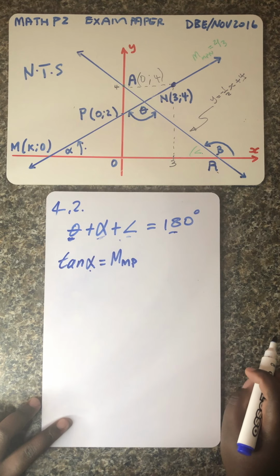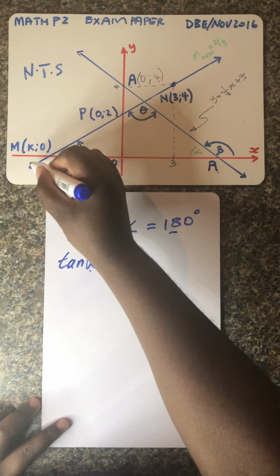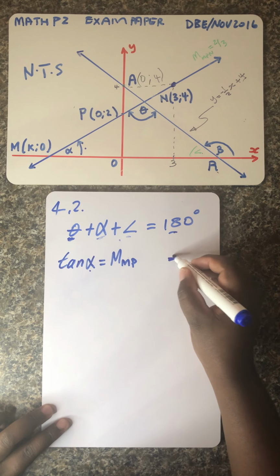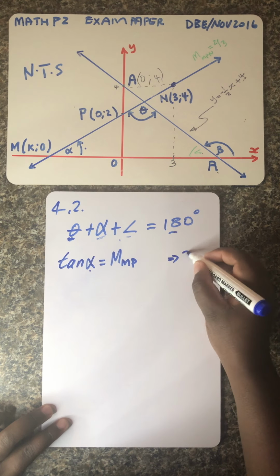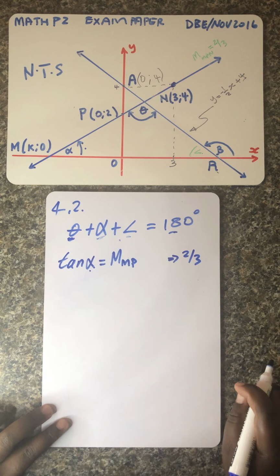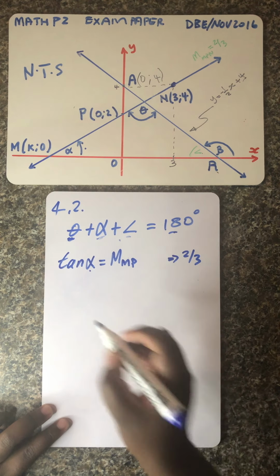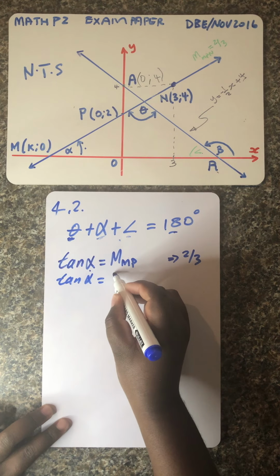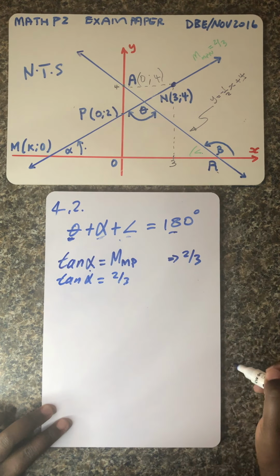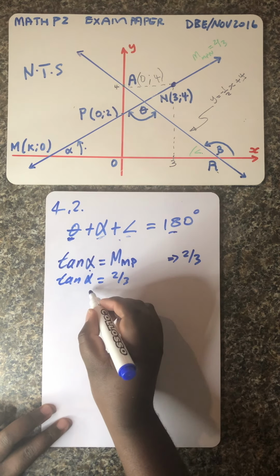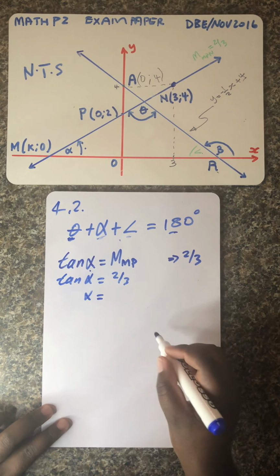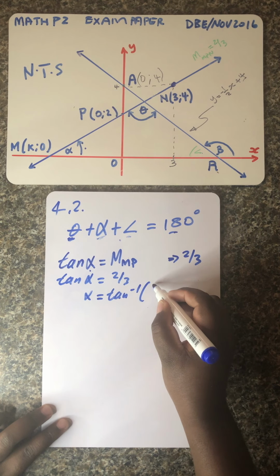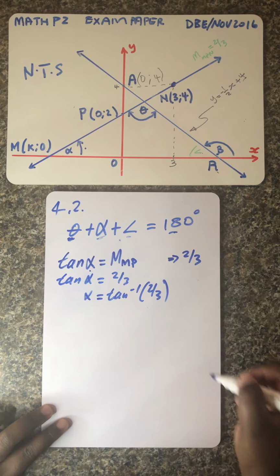Okay, so remember guys, we've just calculated the gradient of that line, which is, I'm not sure if you remember, 2/3. Okay, so that means we can now say tan of the angle is equal to 2/3. So obviously that means theta will be equal to the inverse tan of 2/3.